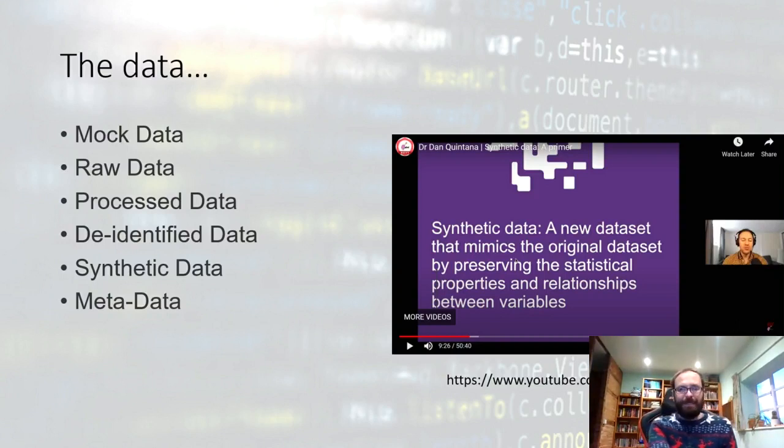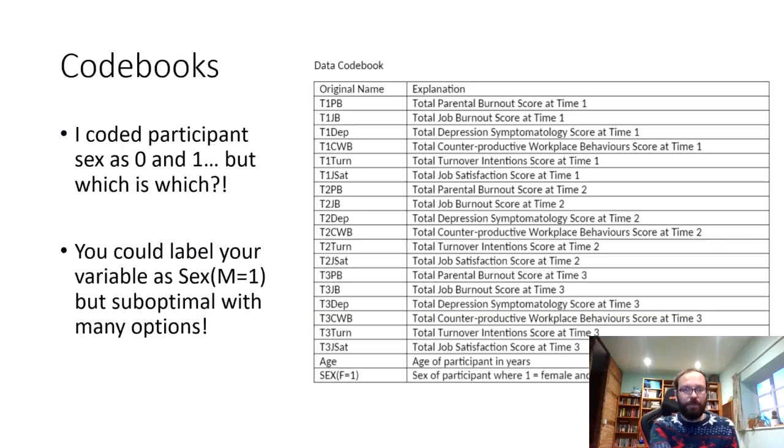One thing I think is particularly useful to share alongside data is what's known as a code book or a data dictionary. For example, lots of people used to work with SPSS, you've got a variable that's called sex, and you've coded it 0 and 1 to mean male and female, or female and male.